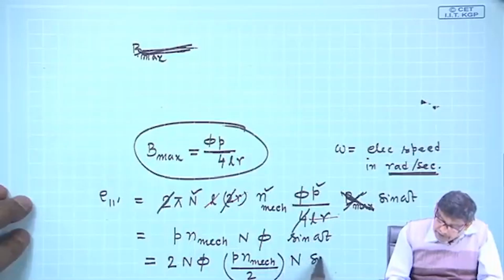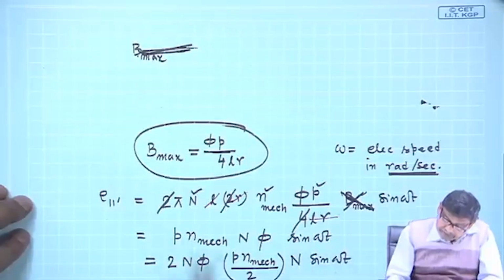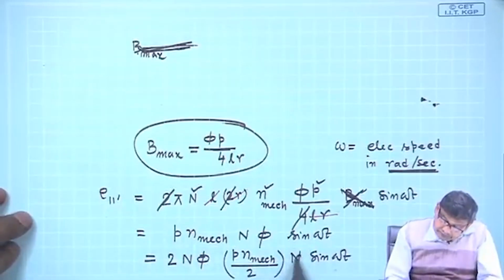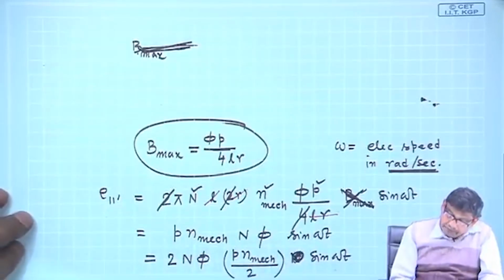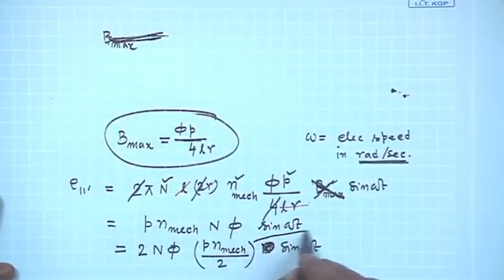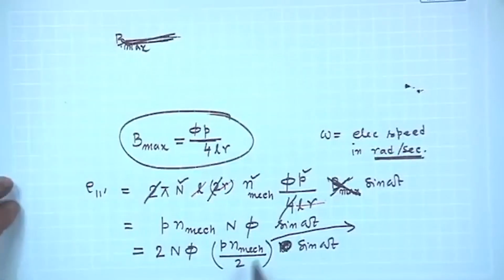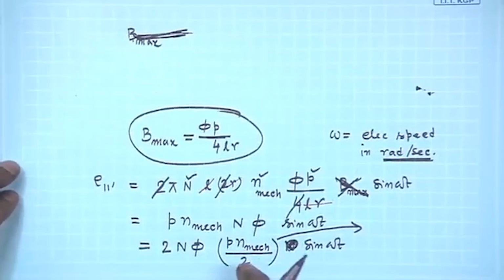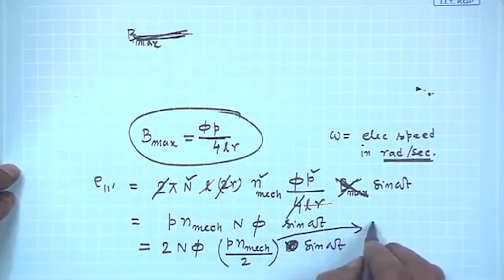N sin omega t. This is the thing I have written. Now, the question is, what is this P n mechanical by 2? It is the electrical speed.